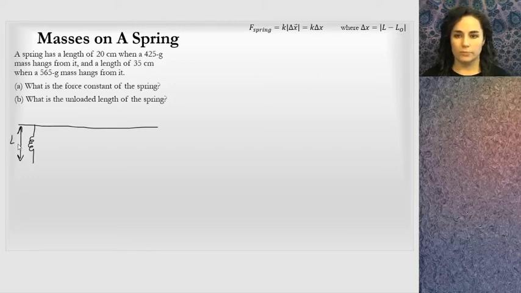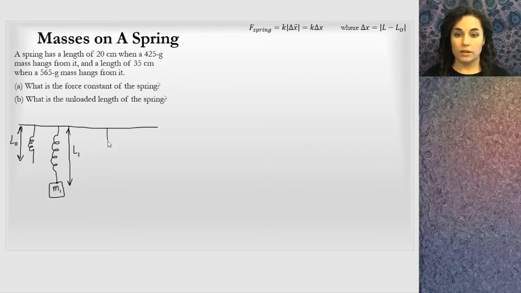When a mass is applied to this, it gets stretched out, and I'm going to draw it so that the coils are a little bit farther apart. It has this new length, which I will call L1, and it's because M1 has been put on the end of it. So we have this new length, L1, which will be larger than L naught.